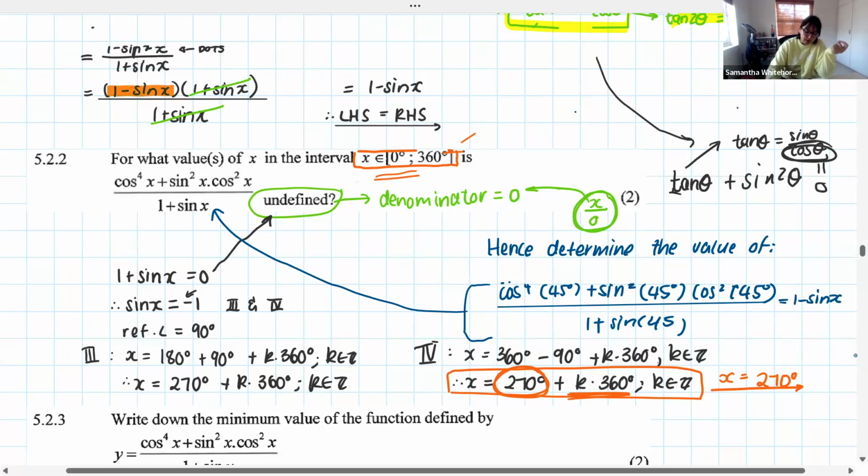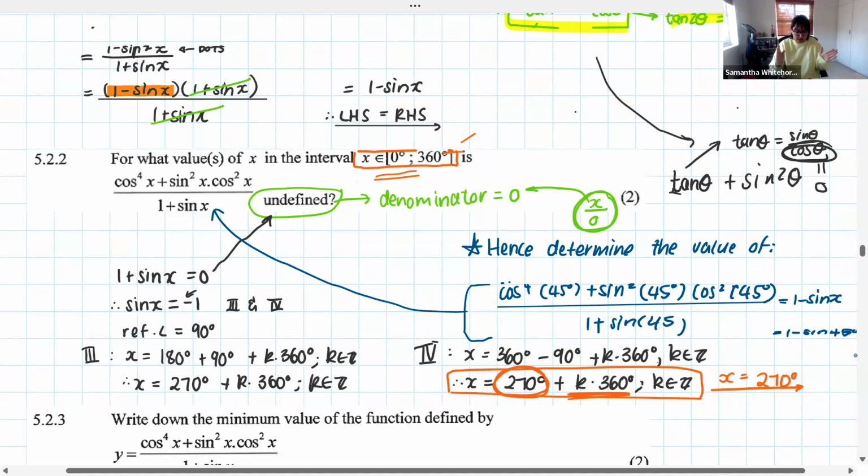So all you do here is say 1 minus sine of 45 degrees, which is a special angle, and you go and calculate the value. So that's another way that this question can be asked, hence determine the value of. And what you need to remember is that anytime we say hence, use the answer that you've just gotten. What you've just worked out is going to be useful in this next question.